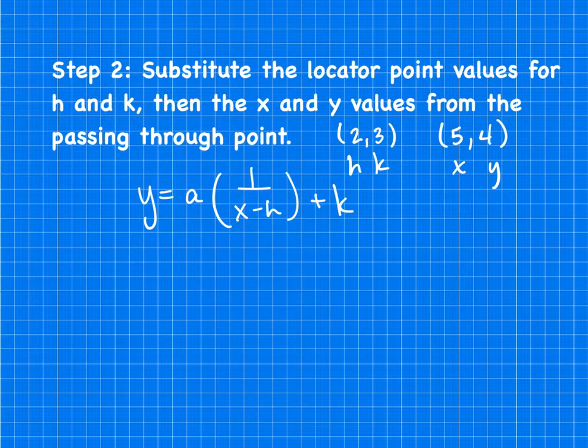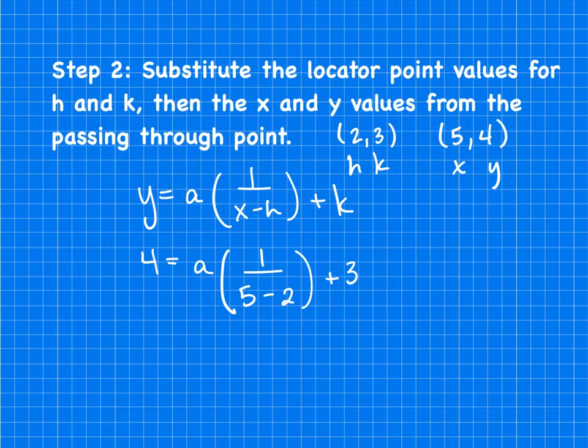Instead of y, we're going to get this 4 right here. So 4 equals a, and we're going to get our x from that same point. X is 5, and then minus 2 for h, and then plus 3 for k.